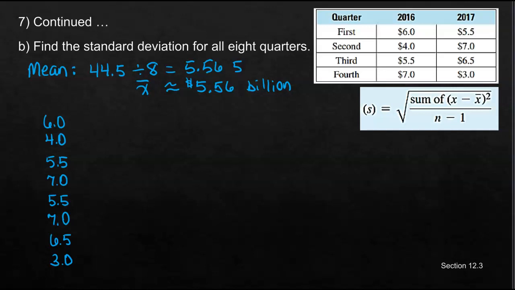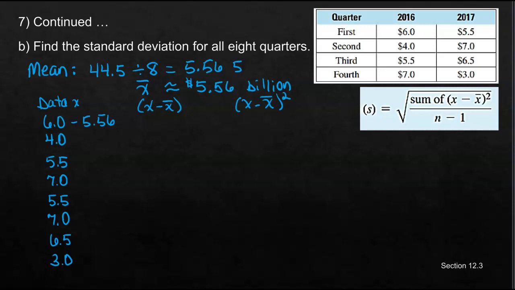Remember, we're going to subtract 5.56. This was our data, our x. And then we're going to have the x minus our mean. That's going to be our next column. And then we're going to square that for the column following that one.